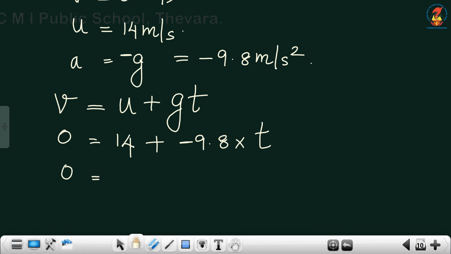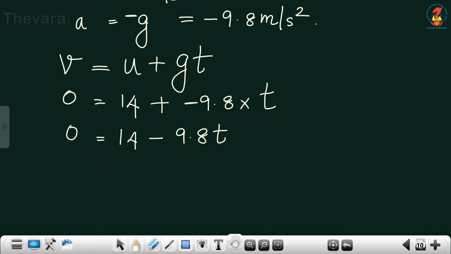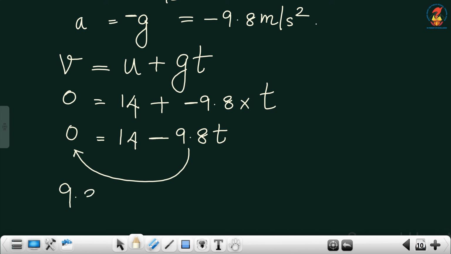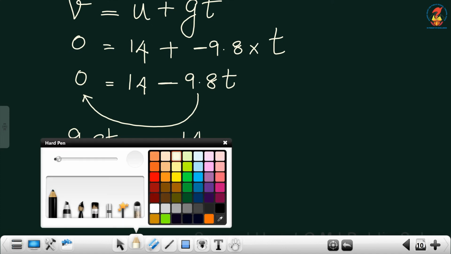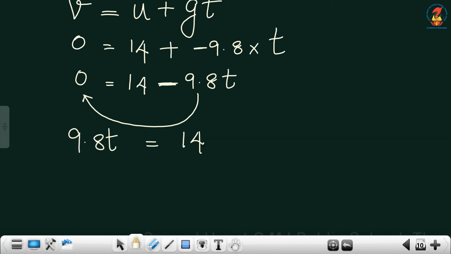So 0 is equal to 14 minus 9.8 t. Now take this minus 9.8 t to the other side. When the negative sign moves to the left hand side, it becomes positive. So it becomes 9.8 t is equal to 14.